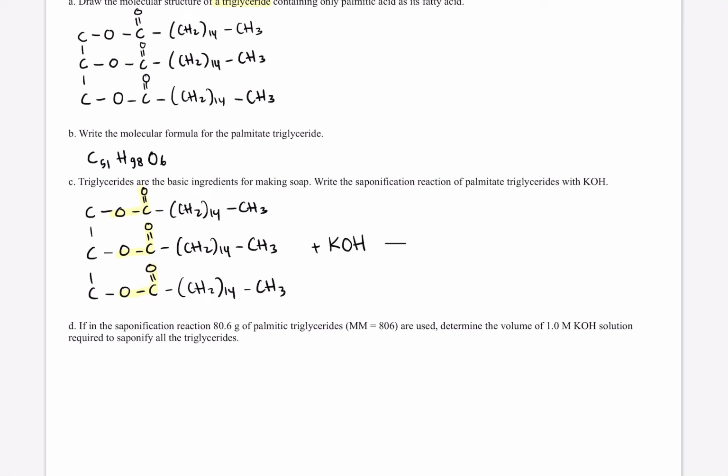So we will have the products here. The first one should be glycerol, sorry, so this one should be completed. So this one here, okay, this is glycerol. And then the other one is actually the palmitate ion.